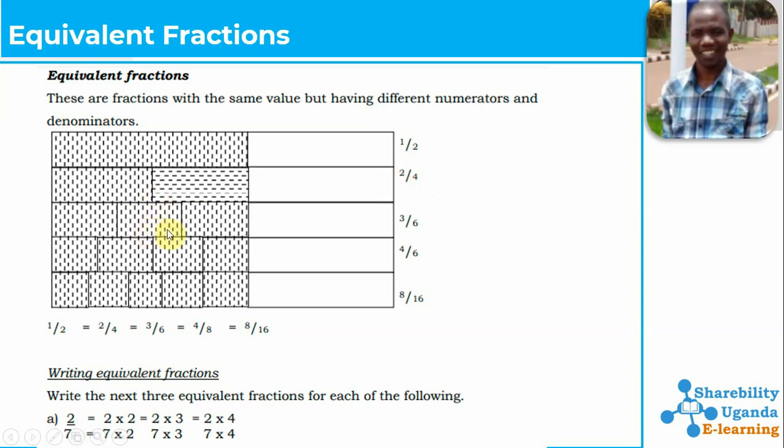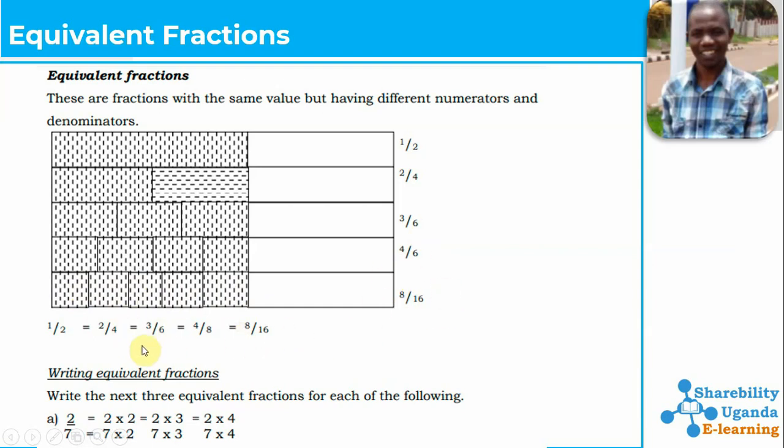Then they subdivided our third part into 3: 1, 2, 3. After dividing them, they were able to say this is 3 out of 6. Then they further divided 1, 2, 3, 4, which is 4 out of 6. Okay, so this is how we can represent an equivalent set.